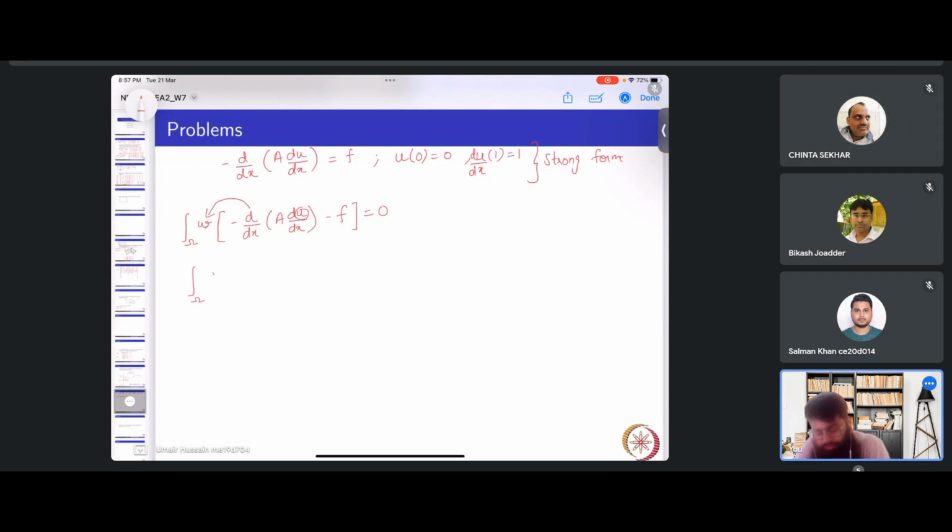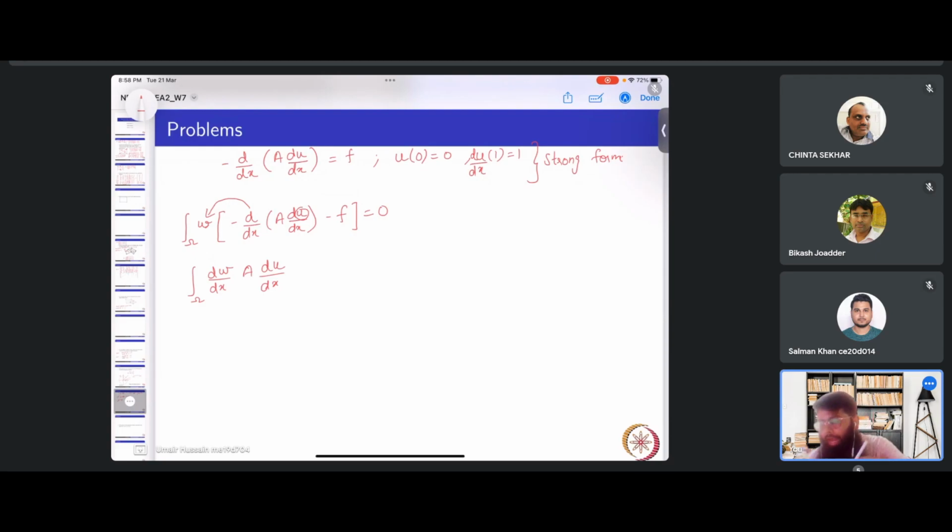So the differentiability requirement for our primary variable reduces. The term weak in this nomenclature basically means the differentiability requirement is weakened.